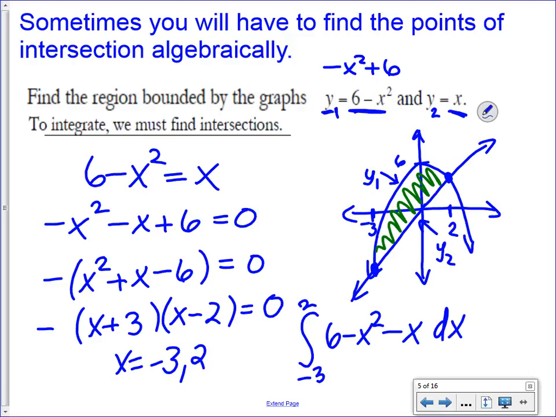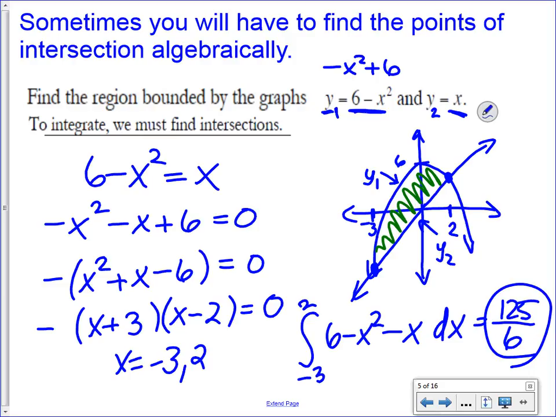And then again, on these problems, the hardest part is setting up the definite integral, so I don't mind if you use your calculator to evaluate the definite integral. So I'm going to do that very quickly. And we end up with 125 over 6.